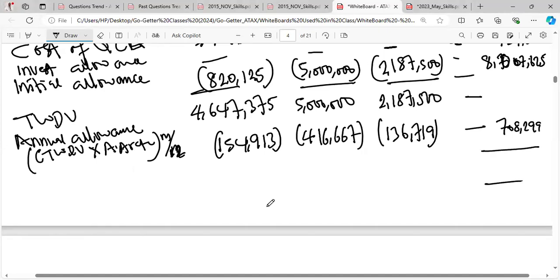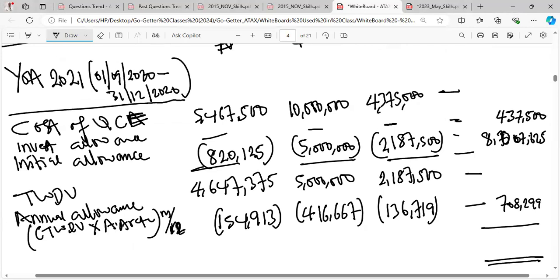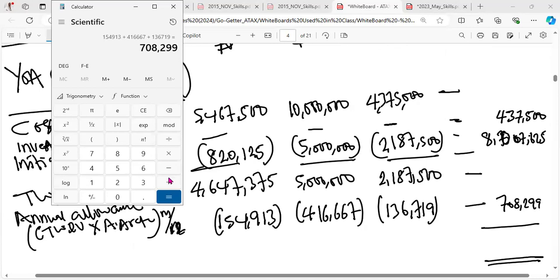So what are we calculating here now? We're going to calculate our capital allowance for the year. I already have the last figure on my calculator, so I will just add the initial allowance of 8,007,625 plus my investment allowance of 437,500.